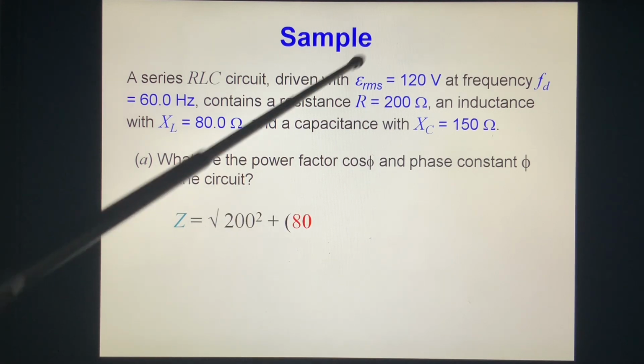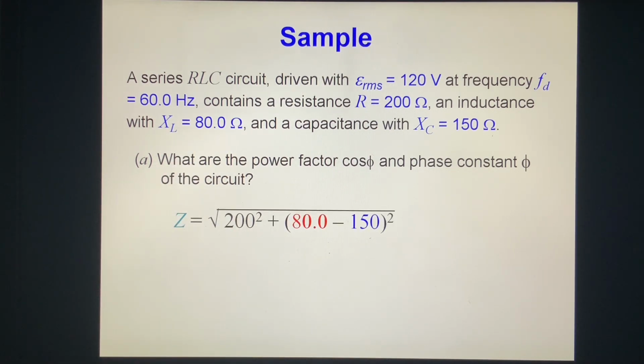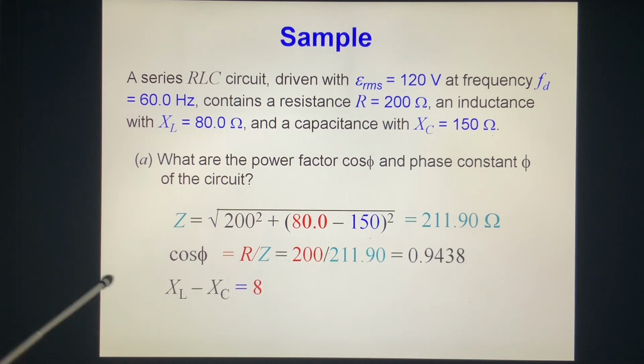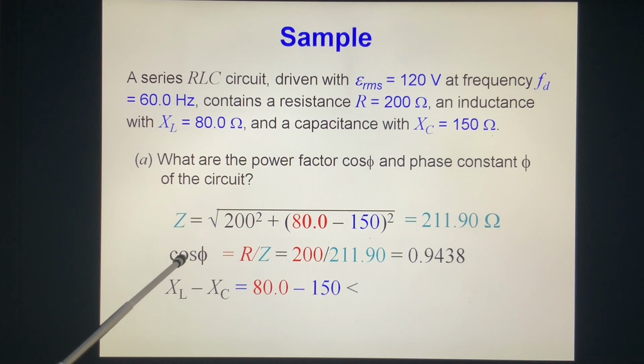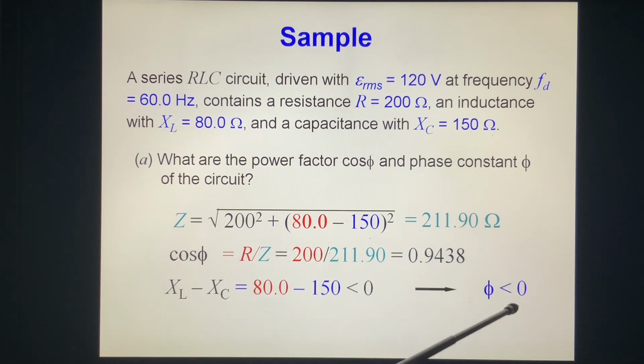We first find Z, because we have a definition. That's very easy: the square root of R squared plus the quantity XL minus XC squared. Then we find cosine phi, defined as R over Z. We know R over Z, and you get cosine phi. This one, XL minus XC, is smaller than 0, that means phi is smaller than 0.